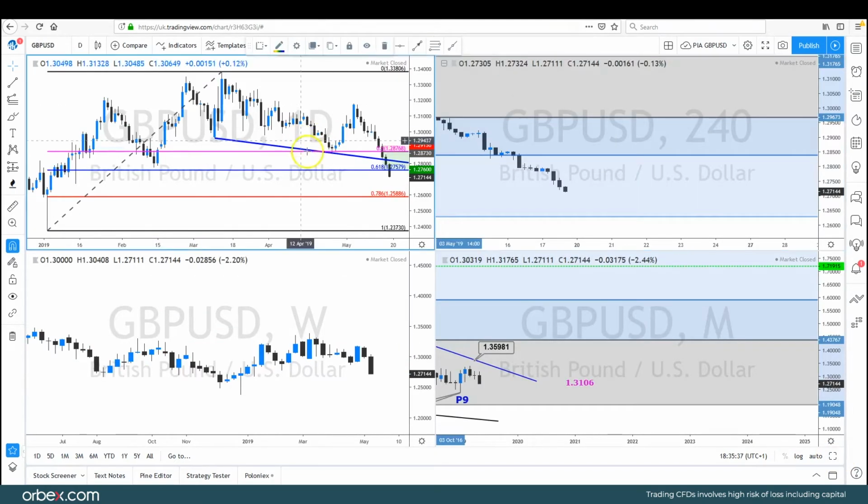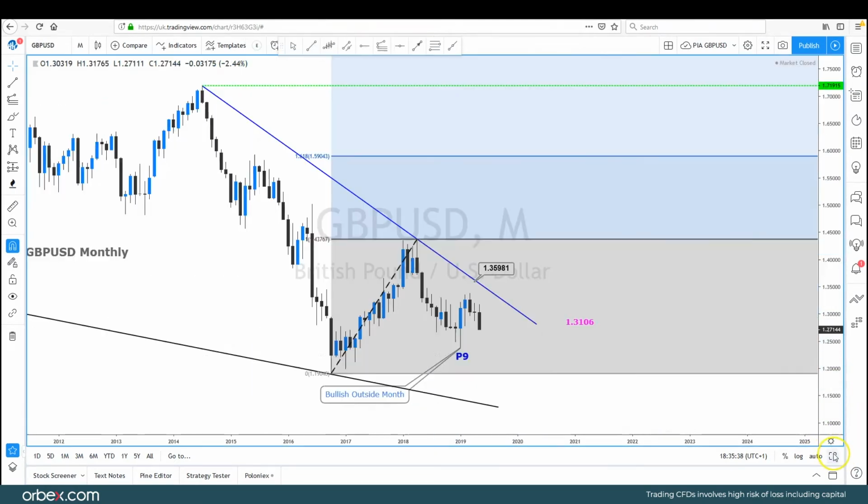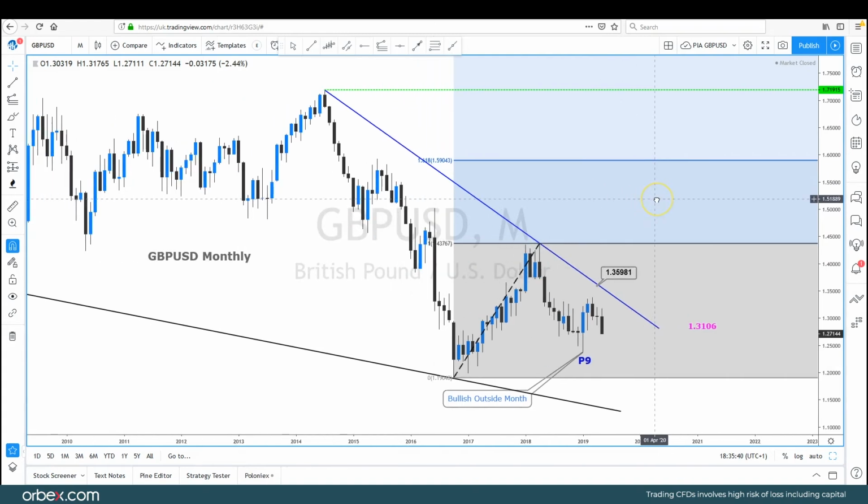Sterling dollar, strong selling. Let's go to the monthly chart first, because this is something that we've talked about quite a lot previously. We posted a bullish outside month, and then we saw dip buying, and then we continued to the upside. Now we've seen quite strong selling pressure.